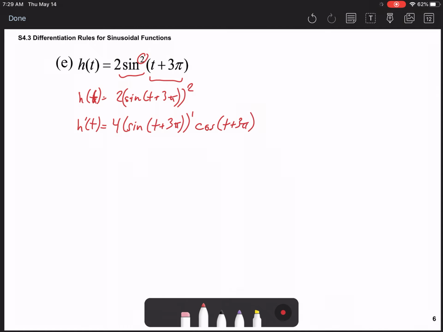And then, from there, derivative of t plus 3 pi is just 1. Not so bad. Okay. Let's reduce or simplify. So 4 sine t plus 3 pi cosine t plus 3 pi.